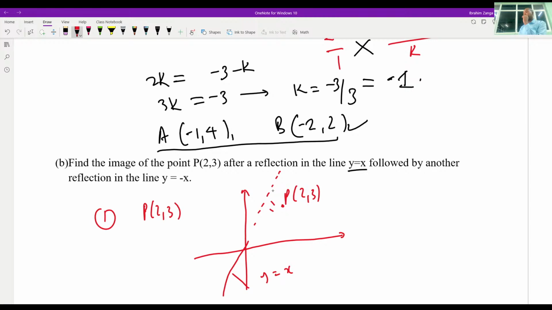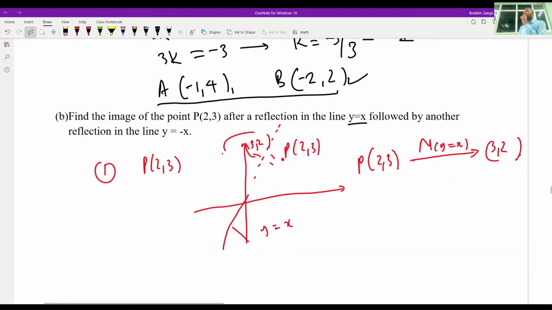So if this is the mirror, the image will be such that you are going to have 3, 2 somewhere there, of course. So point 2, 3 under reflection in the line y equals x, the image is going to be 3, 2.